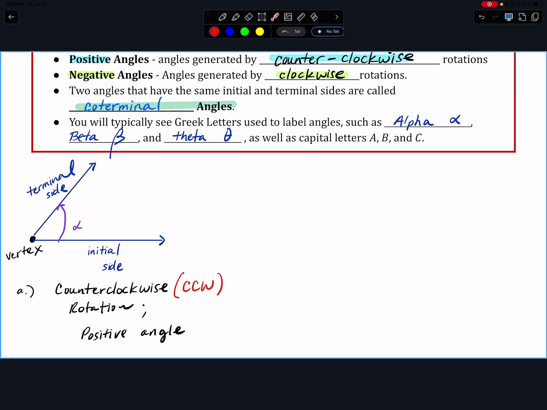All right. I want you guys to draw the same angle. Not the purple part, just the same rays and the same vertex. So something like this. But now I want the angle to look like this.